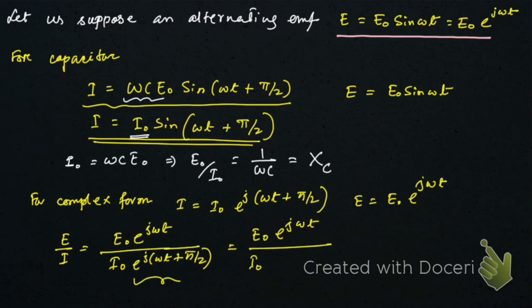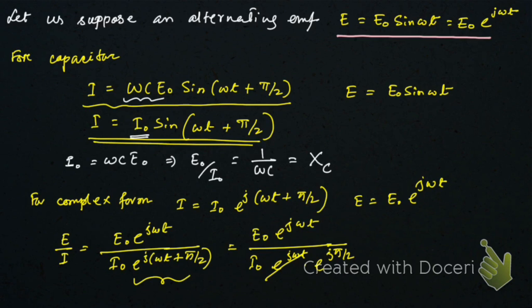This can be written as e to the power j omega t into e to the power j pi by 2, because if you have a to the power m plus n, then you can write a to the power m into a to the power n. We have used that identity.